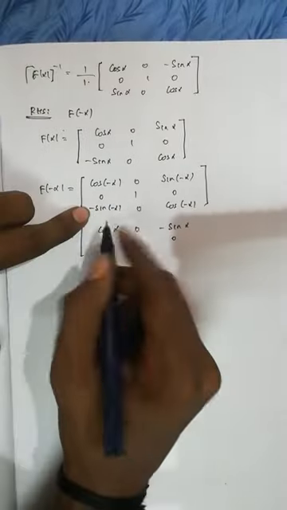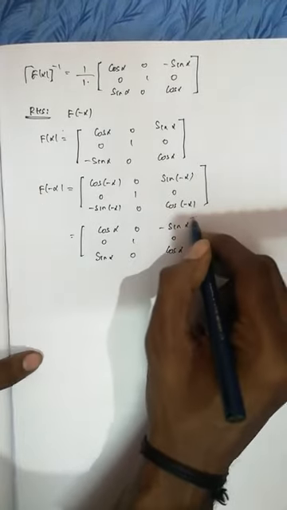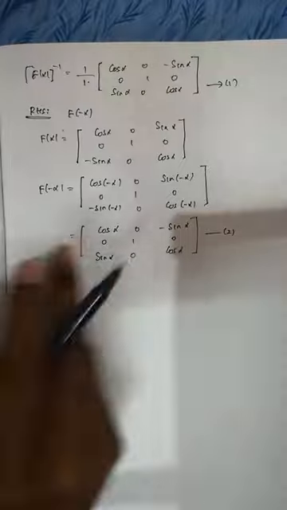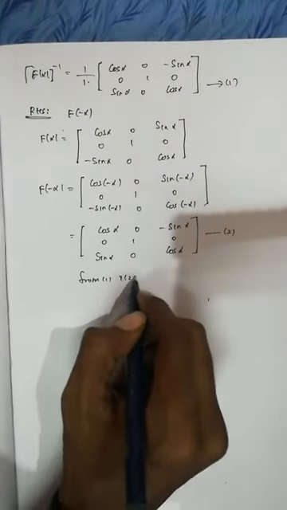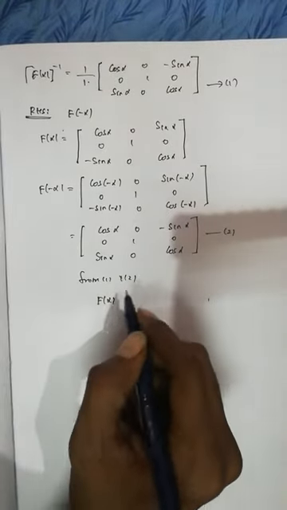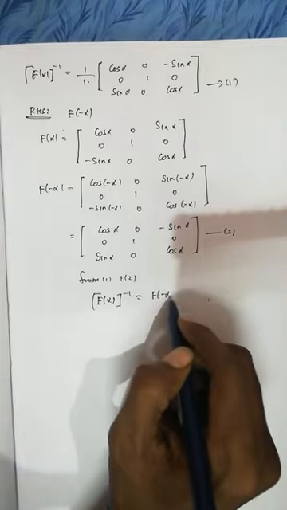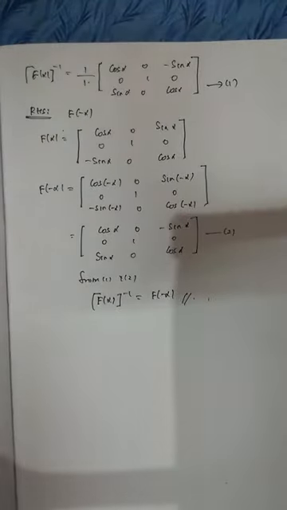Already have minus here, so this becomes plus sin alpha 0 cos alpha. So this is 2, this is 1. So from 1 and 2 you can see that these two are equal. Therefore, f of alpha, the whole inverse, is the same as f of minus alpha. Hence both are equal.